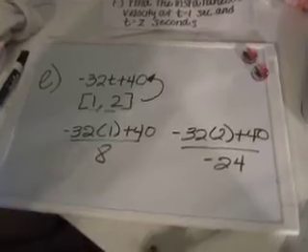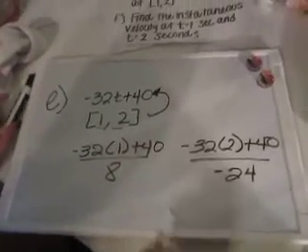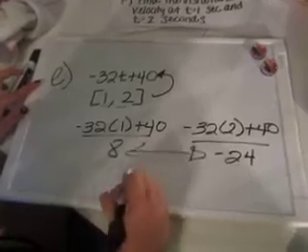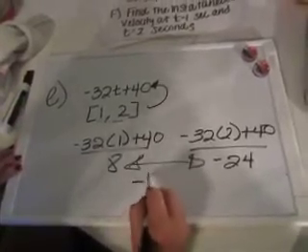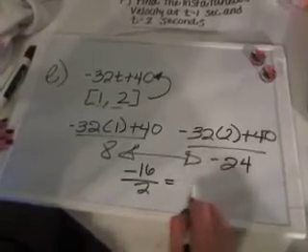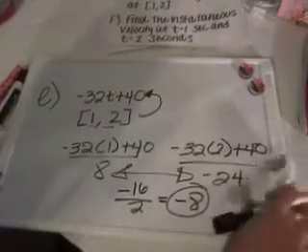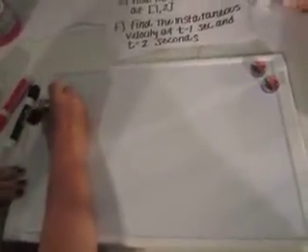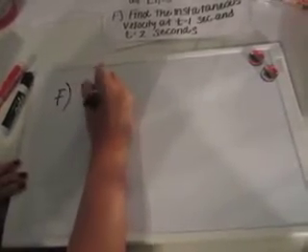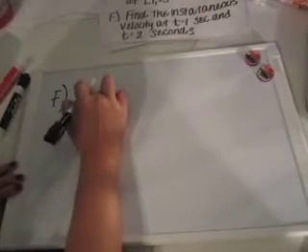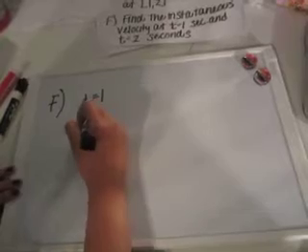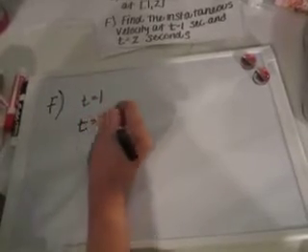Now we're trying to find the average velocity. And to find the average velocity, we all know that we add the two numbers and we divide by 2. So this will be negative 16 divided by 2 equals negative 8. That is the average velocity. Now for step F, we want to find the instantaneous velocity at t1 and t2.